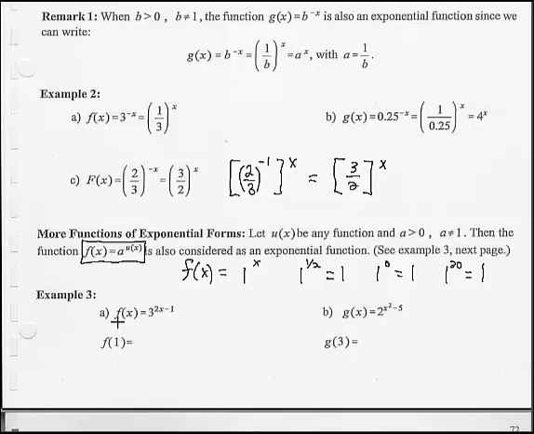For instance, little f of x has 2x minus 1 as the exponent. The base equals 3. The exponent equals 2x minus 1.